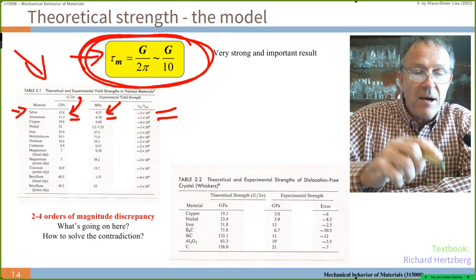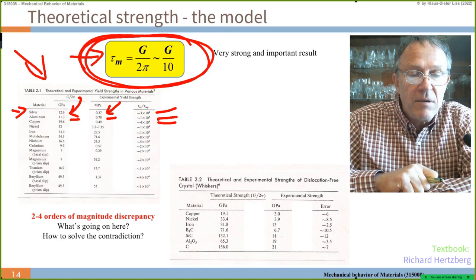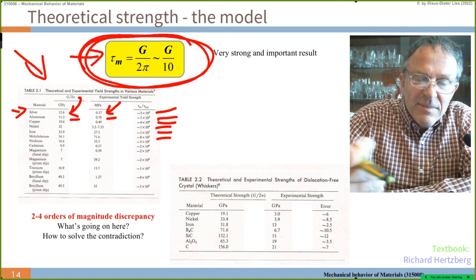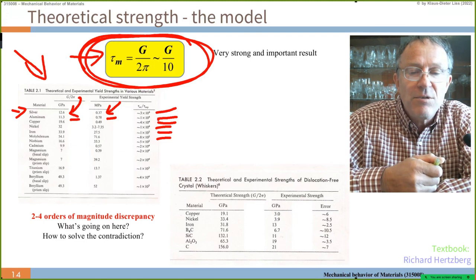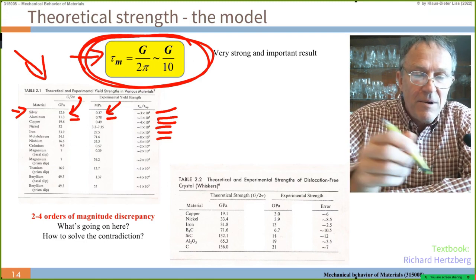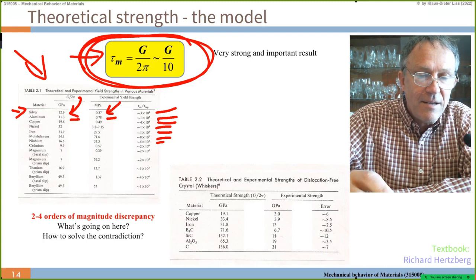Copper, we get a factor of 4 times 10 to the 4. Nickel, 10 to the 4. Iron, 10 to the 3. Molybdenum, 10 to the 2. 10 to the 1 if you like. So we can question that. Niobium. So here we are 10 to the 2 for those refractory metals.